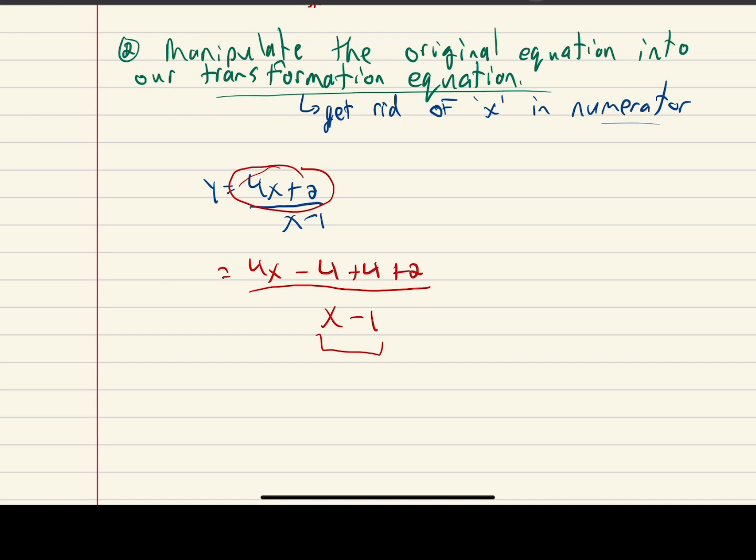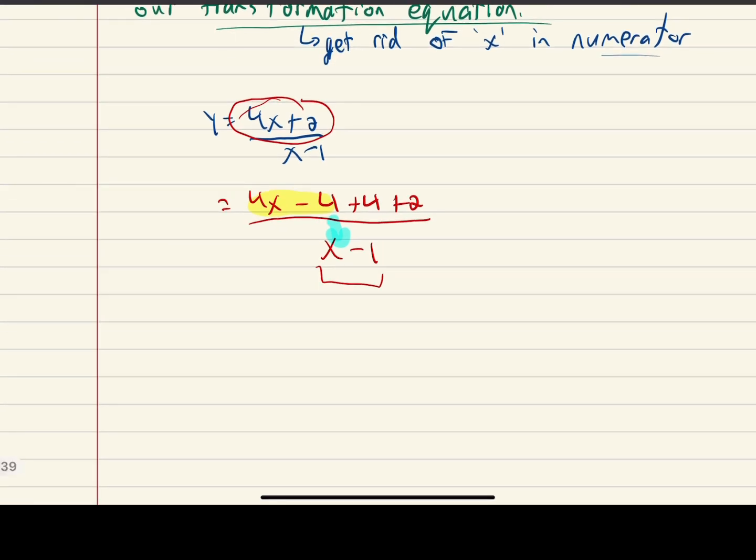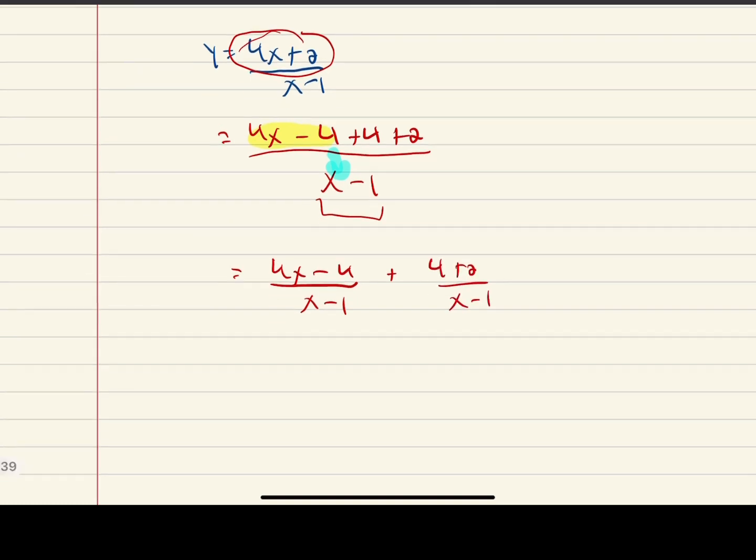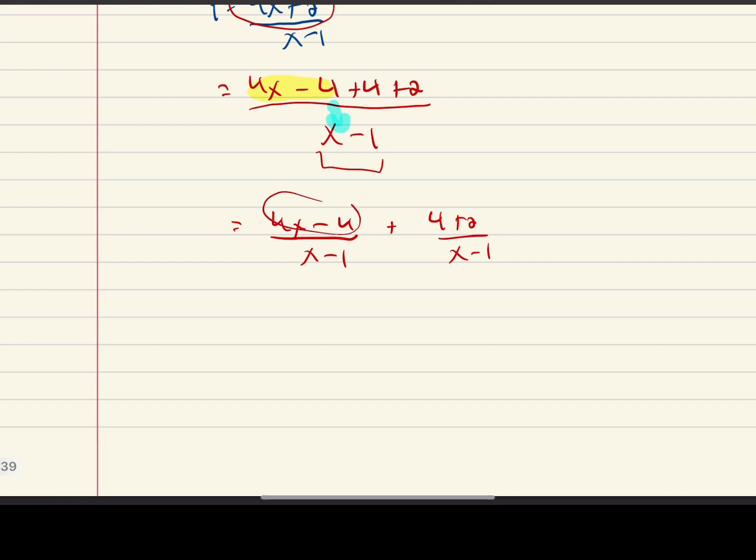But what that's going to do is, if we can factor this a certain way, we'll be able to get the x minus 1 and then factor it out and remove it from the equation. So now if I write it as two fractions, 4x minus 4 over x minus 1 plus 4 plus 2 over x minus 1, I can now factor this out.